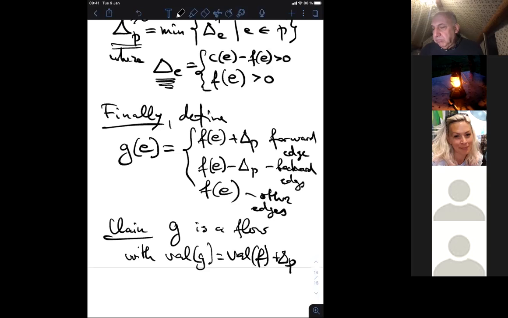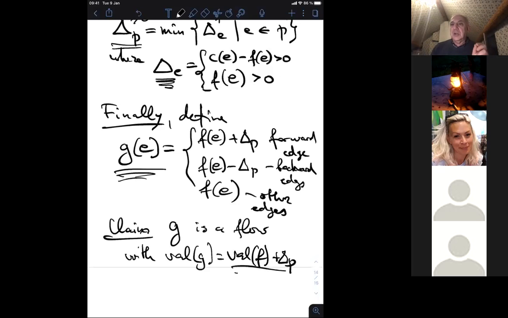And so how to prove it? The proof is that we just have to check the condition, that G defined in this way is again a flow, and then that its value would be equal to that.